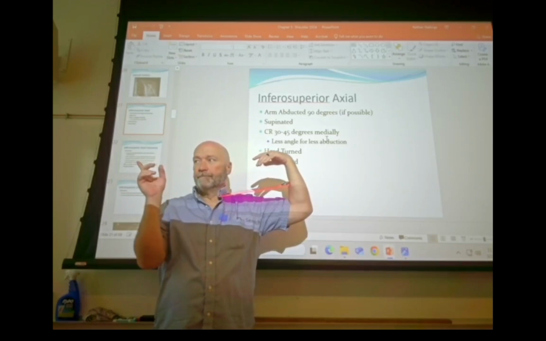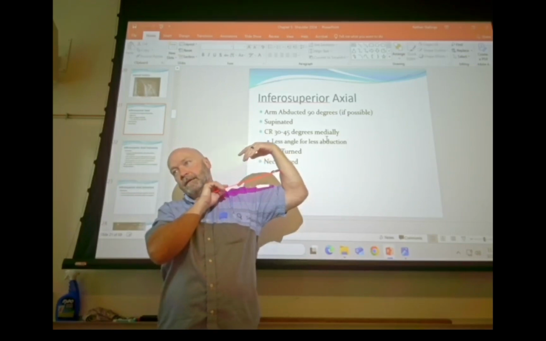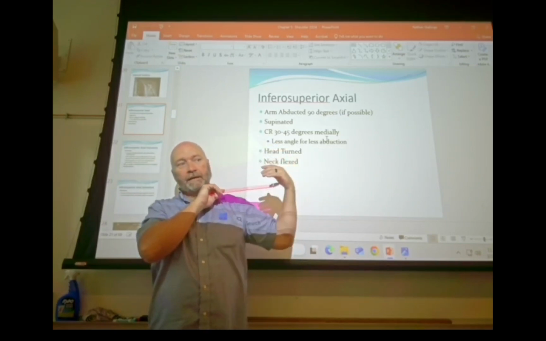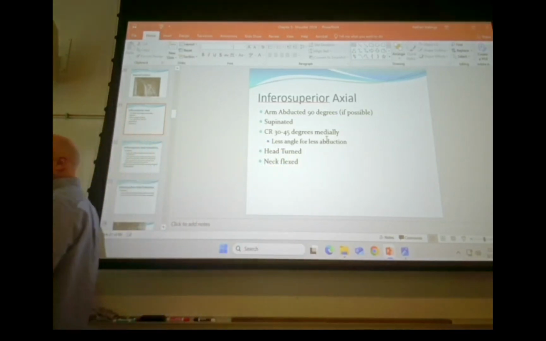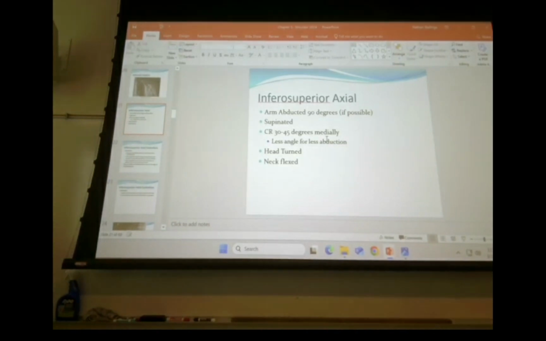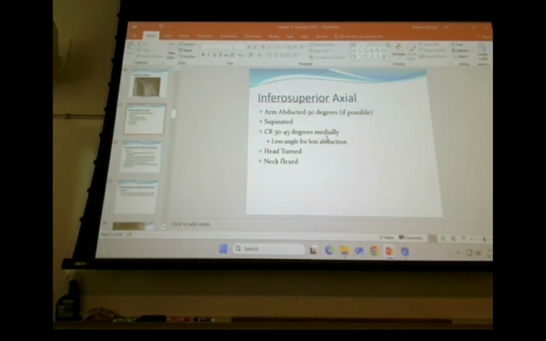So turn the head, bend the neck, and adjust your angulation according to the patient's level of abduction. Best case scenario, we want the abduction all the way out to 90 degrees. Your central ray, the degree of angulation is going to be dependent on that.